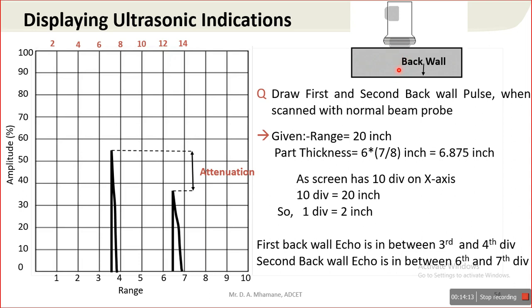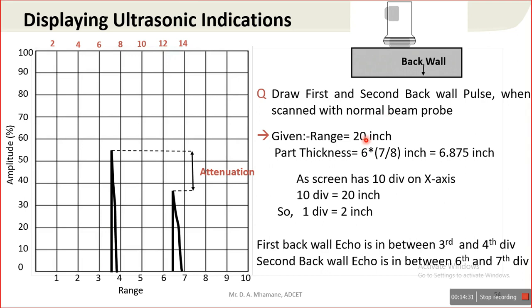So due to that absence of flaw, the ultrasonic pulse transmits from the top and reflects from the bottom of the component. So only back wall echo appears on the screen. So this is the concept behind this problem.